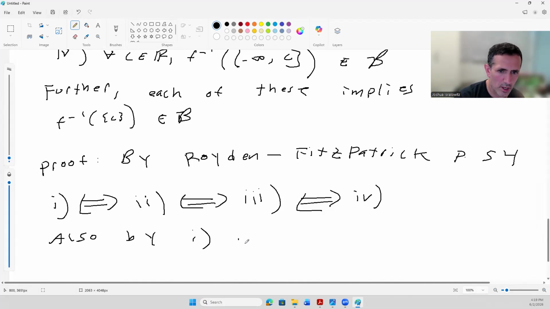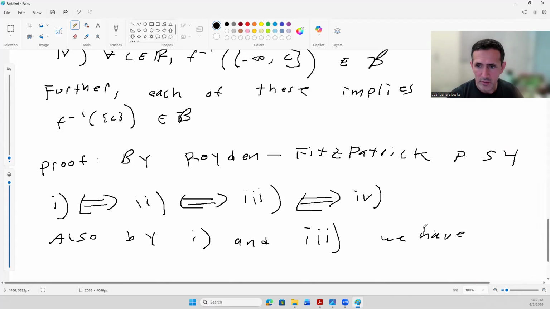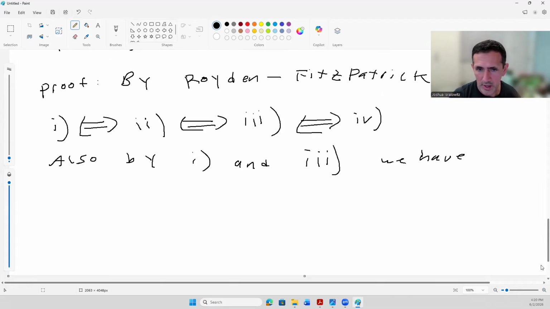Okay, so by 1 and 3, we have this is equivalent to F being Borel measurable. Why? Because in the image of an open set, this is going to be this.